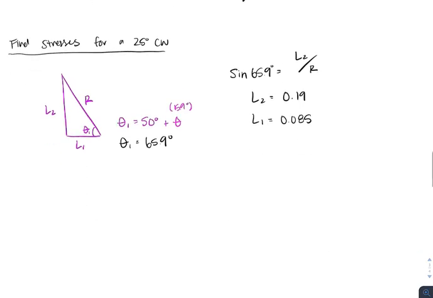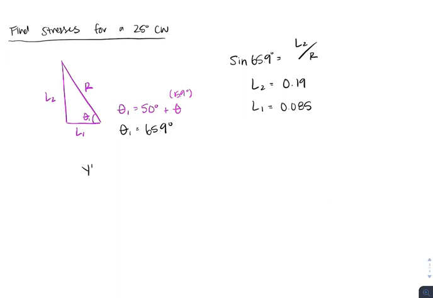So let's start with our y prime coordinate. Our first term is the one on our normal stresses, our sigma, so that's like our x-axis. That's just going to be equal to our center minus whatever our L1 was.